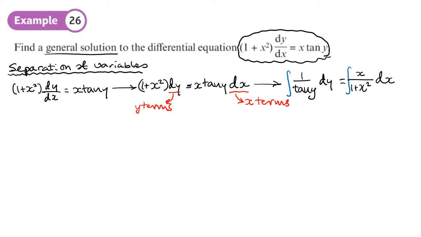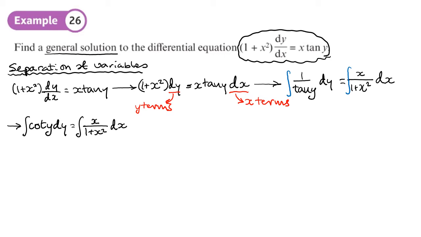And we now need to decide how we're going to integrate both sides. So first of all, 1 over tan y is actually cot y. So I'll write cot y dy. And then we'll leave this side as it is for the time being and see if there's a method we can use.